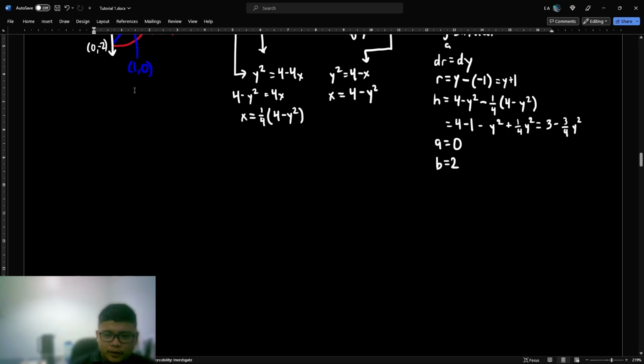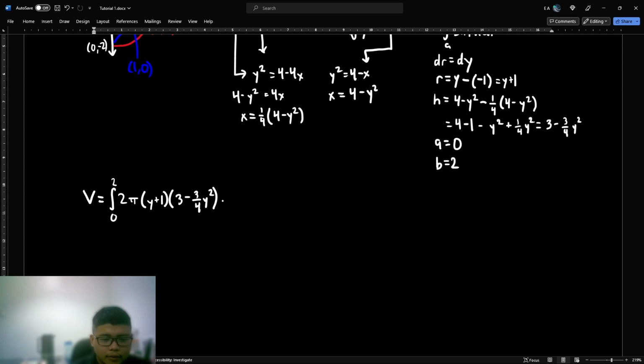So, let's substitute all that we know. So our volume is equal to the integral from 0 to 2 of 2 pi times our r, which is y plus 1, times our h, which is 3 minus 3/4 y squared, dy.